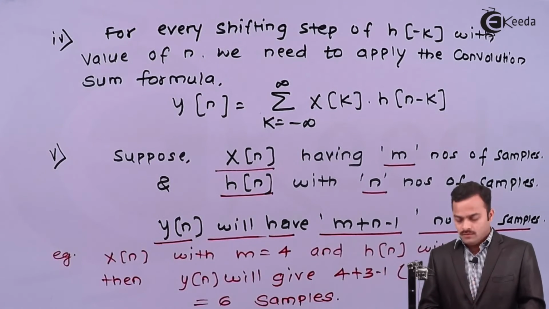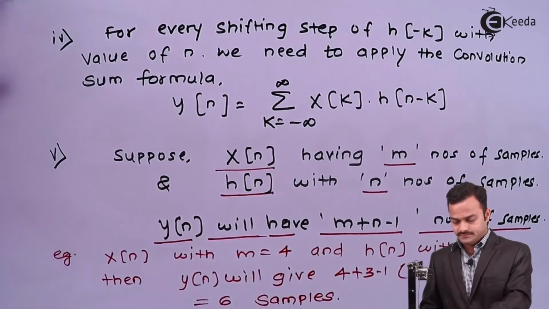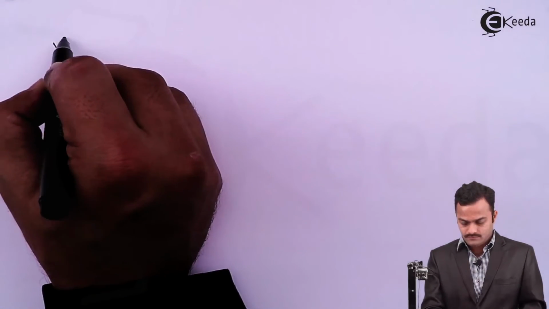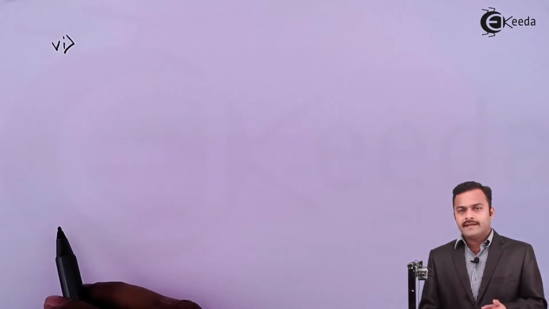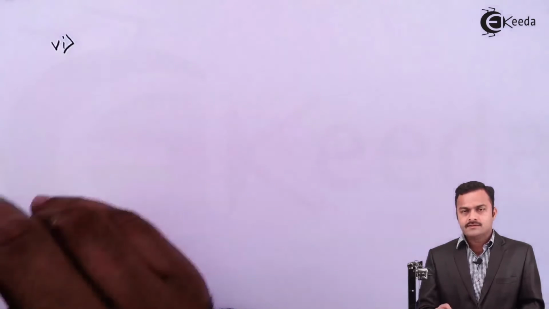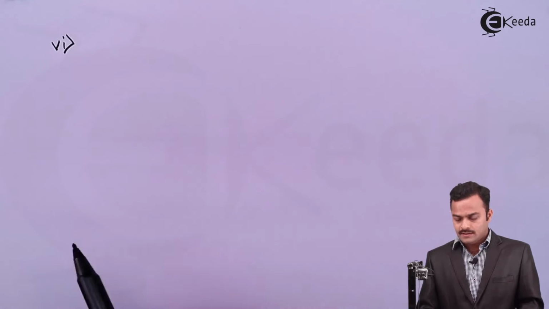Once again, one more point is there as far as verification is concerned, and the point is this. We can check the convolution result by solving a simple matrix formula.